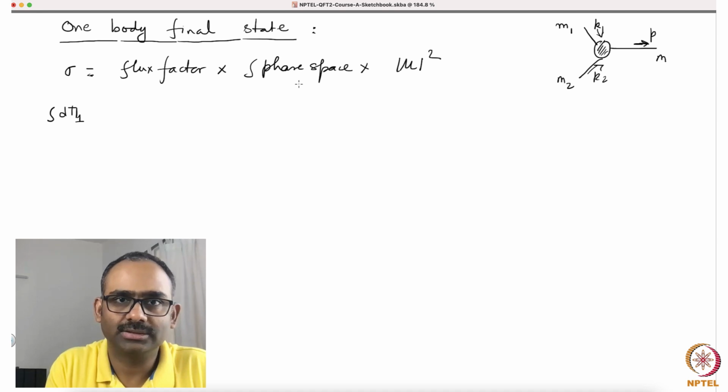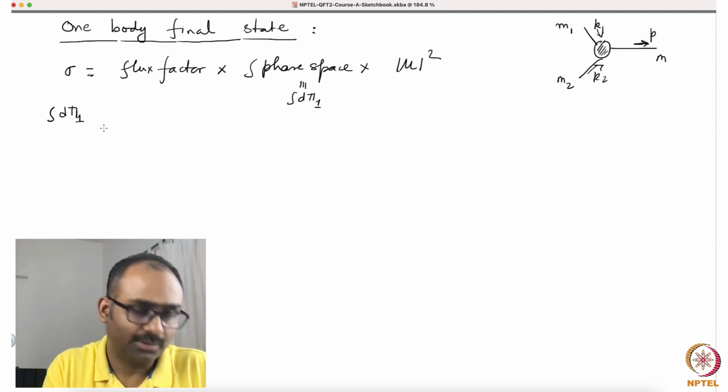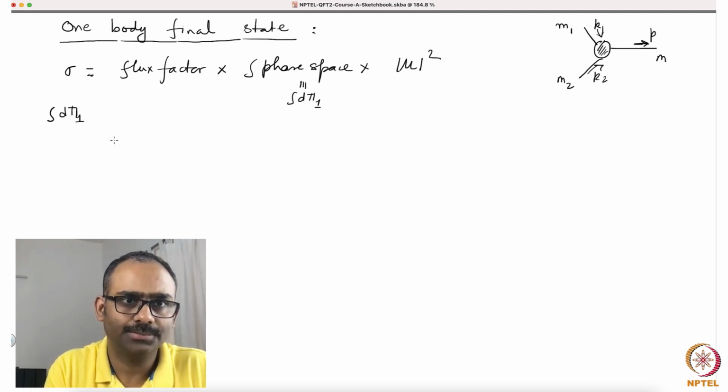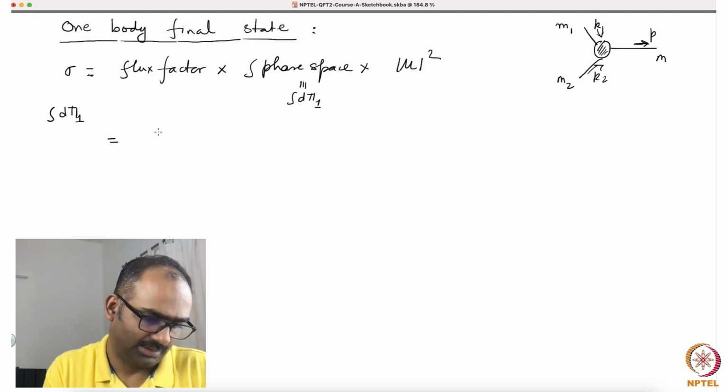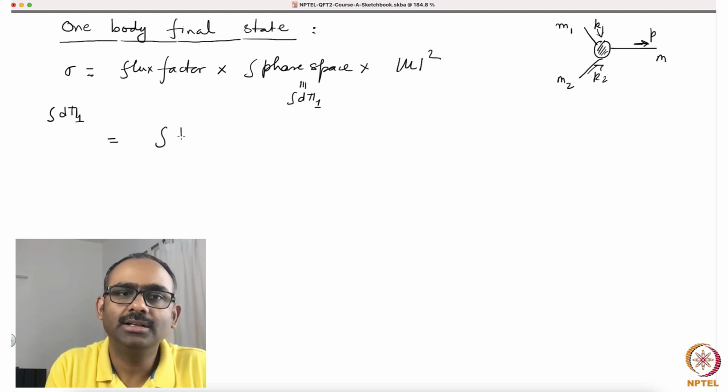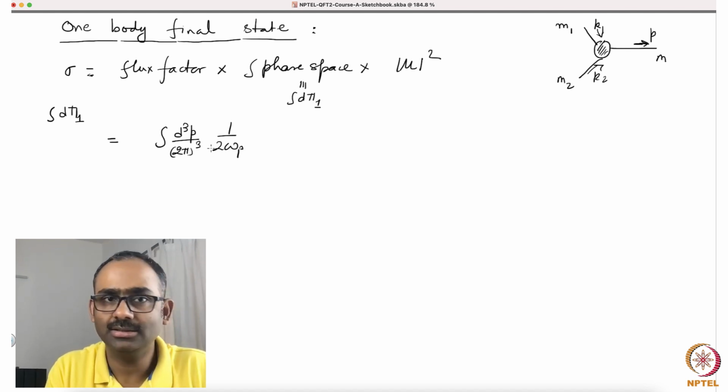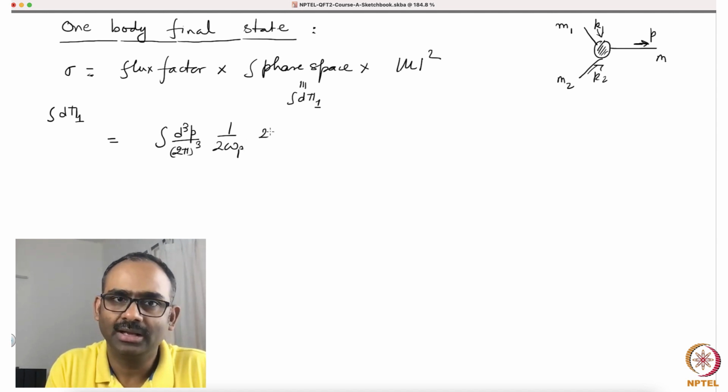So this is integral d pi 1. d pi 1 is equal to, what is that? d cube p, there is only one particle in the final state, over 2 pi cube, 1 over 2 omega p, where omega p is the energy of this particle carrying momentum p, and then you have this delta function.